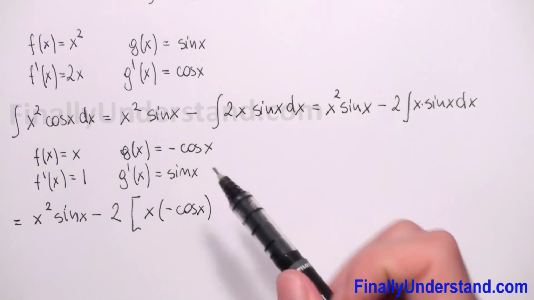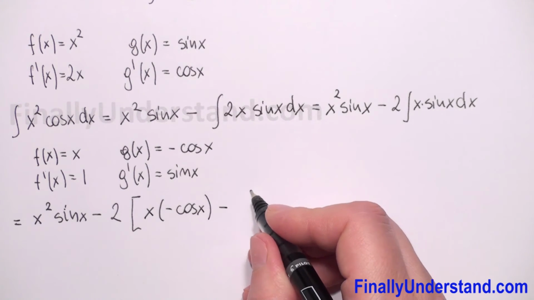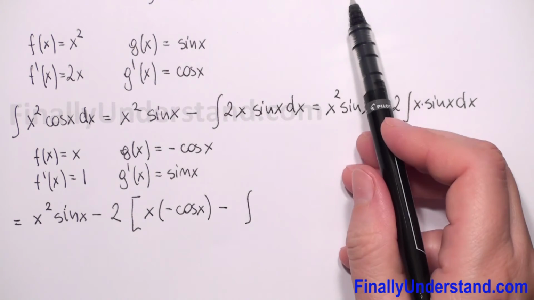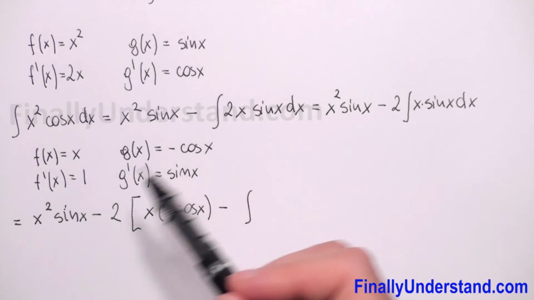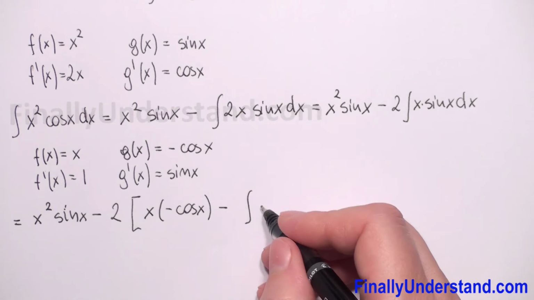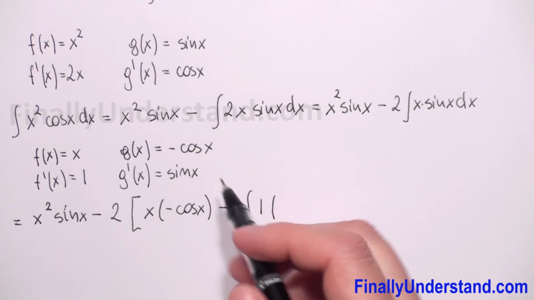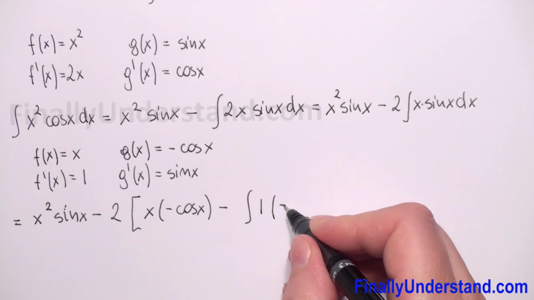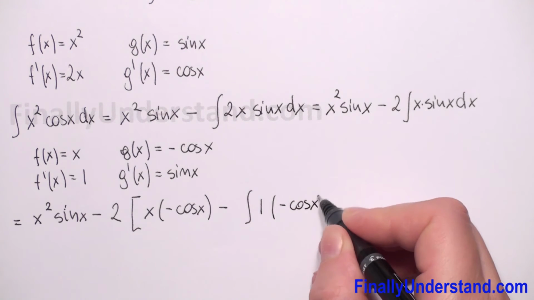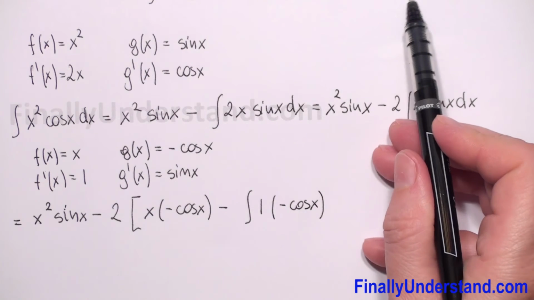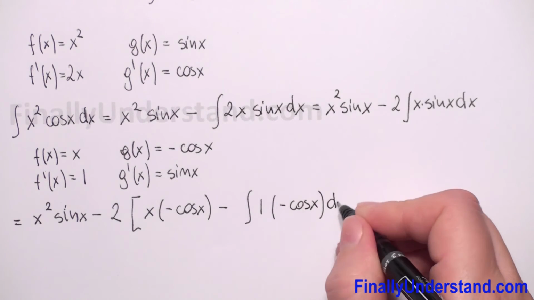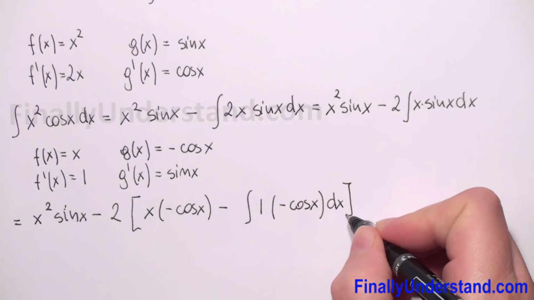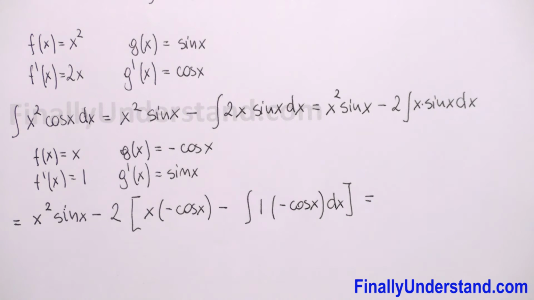Next we have minus the integral of f prime of x times g of x. F prime of x is equal to 1, and g of x is negative cosine of x. And we have the integral with respect to x. Close the brackets.